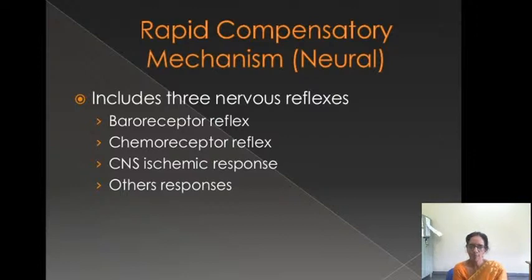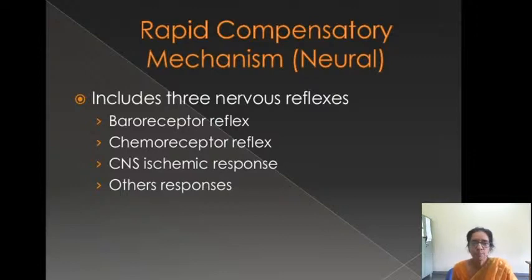While dealing with BP, you must have heard all these reflexes. Whenever there is loss of cardiac output, whenever the blood volume has reduced, these are the 3 reflexes that will come into play within seconds. That is why they are called immediate compensatory mechanisms.